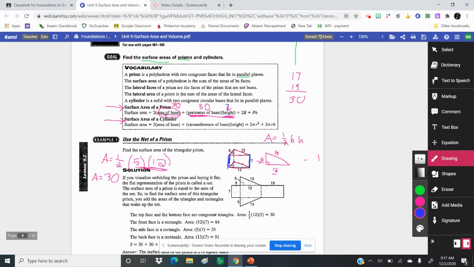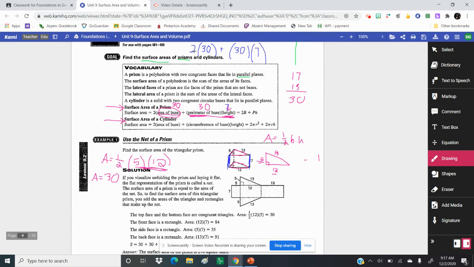So now if I put this in my formula, it's going to be 2, right? There's my 2, times 30, plus the perimeter we said was 30, times the height, which we said was 7.